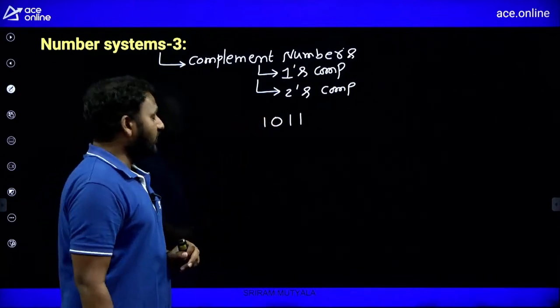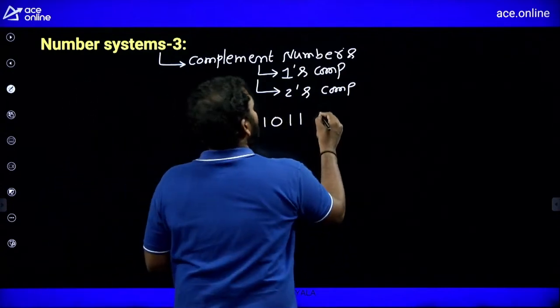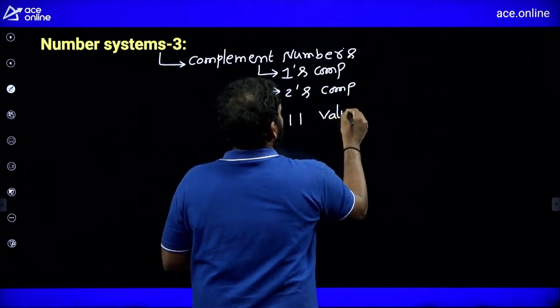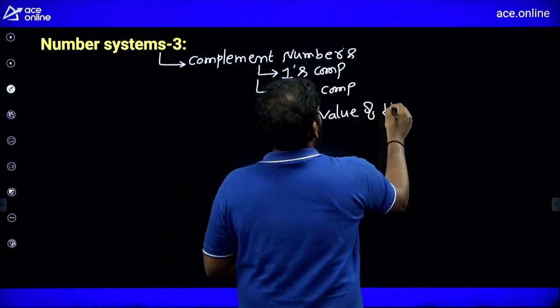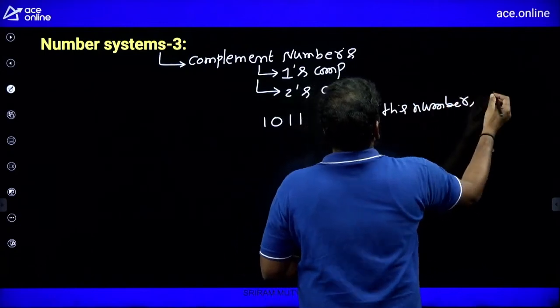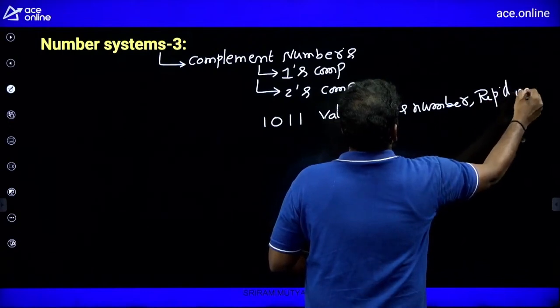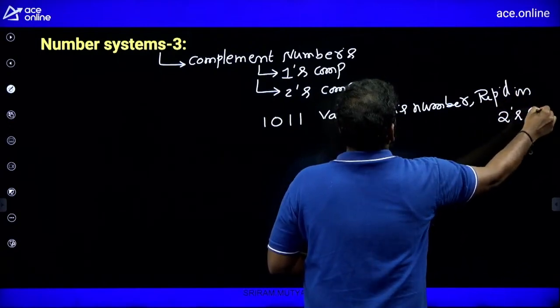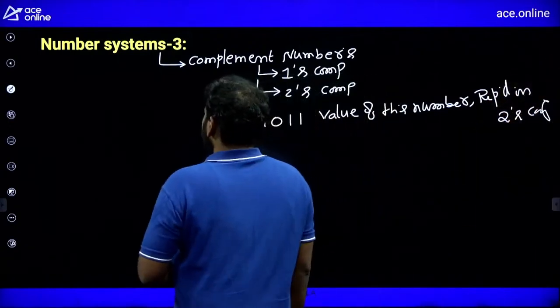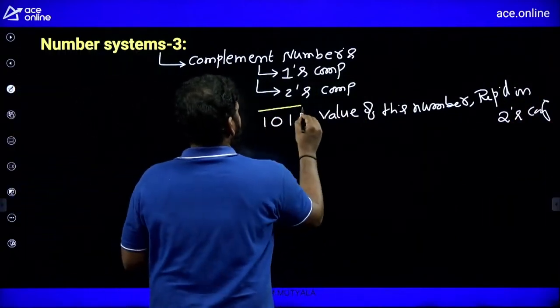They are asking you to find the value of this number which is represented in 2's complement. So, how to handle this type of question?